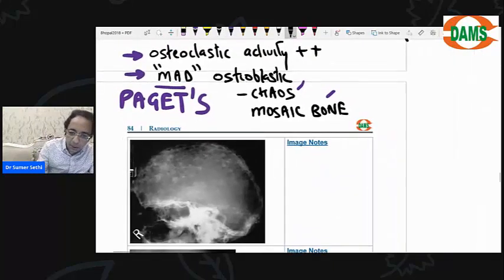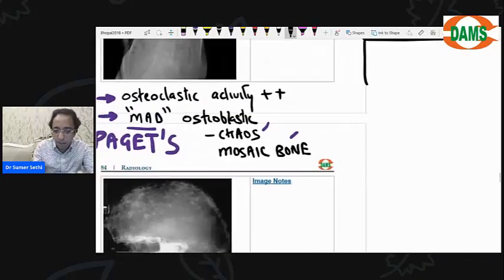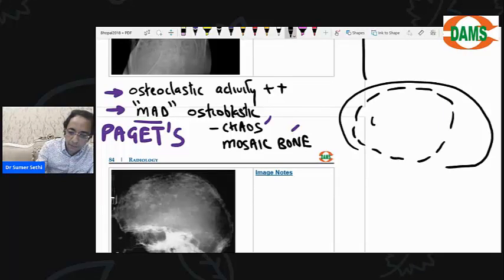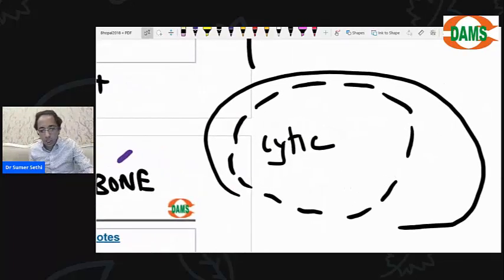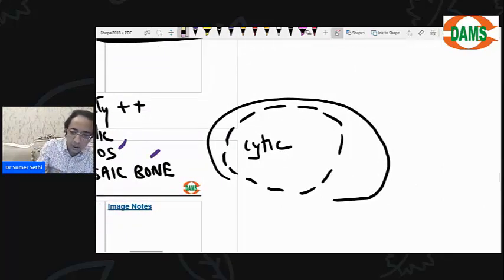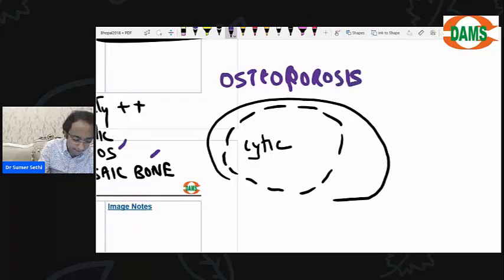Now what will happen in Paget's disease is, initially when you look at the skull X-ray in a patient with Paget's, you will see a single large lytic lesion in the skull, which is called as, you will read this with Dr. Tushar also maybe, osteoporosis circumscripta.